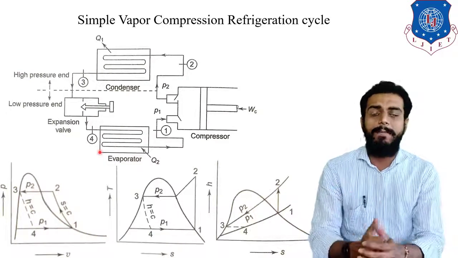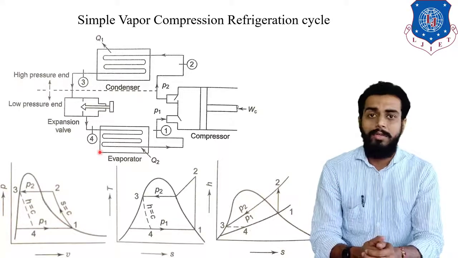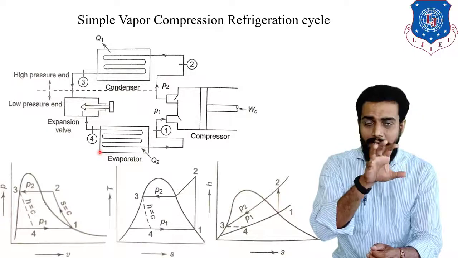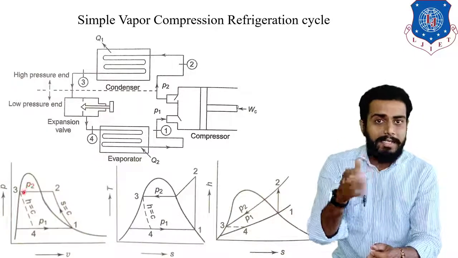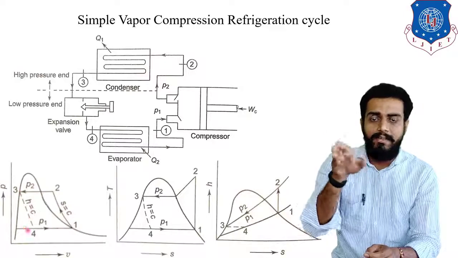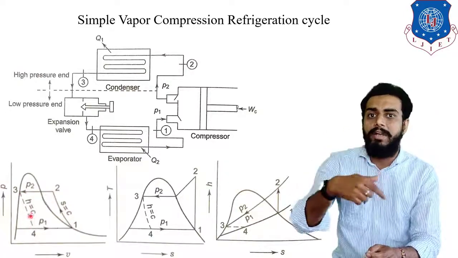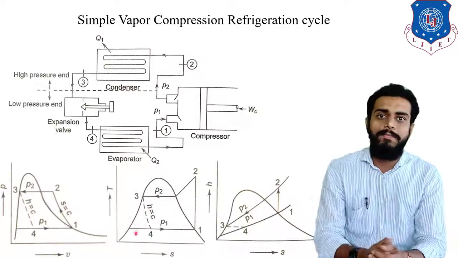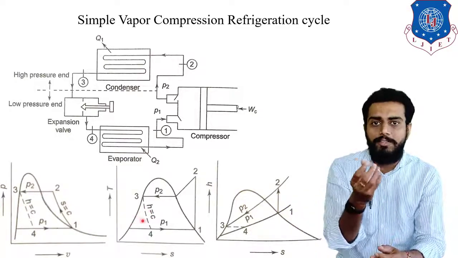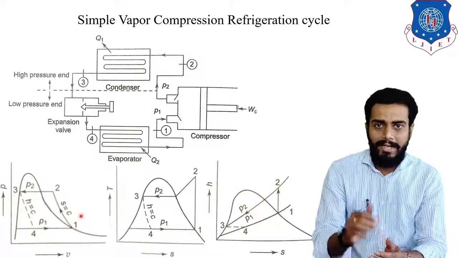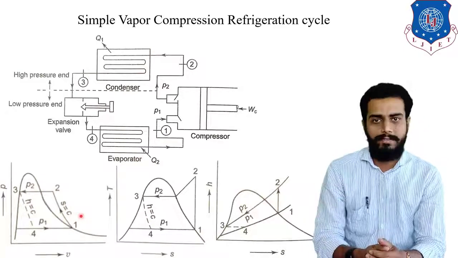Now what will happen at point number 4? In practical cases, inside the expansion device itself, the liquid refrigerant will start evaporating. So if you observe, you will have bubble formation in the expansion device itself, at the later stage of the expansion device.